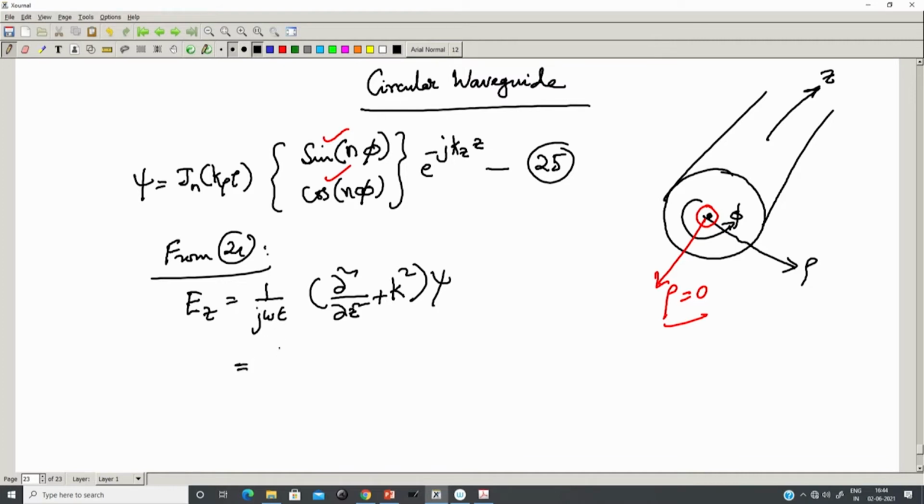That is 1 by j omega epsilon, k square minus kz square, psi, performing this differentiation corresponding to e to the power minus j kz z. We call this equation 26.